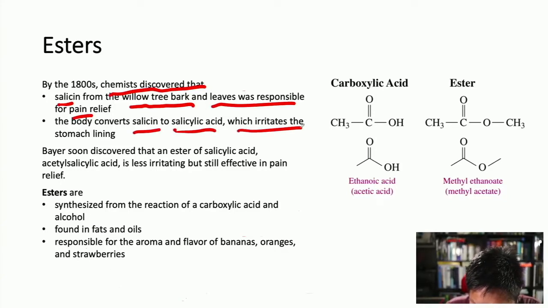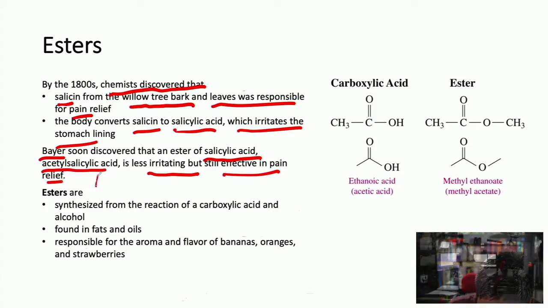That actually irritates the stomach lining, but salicylic acid can be changed into acetylsalicylic acid, right? Bayer found that out, which is less irritating, but it also is effective pain relief. And by the way, if you didn't know, acetylsalicylic acid is actually aspirin. All right? It's actually aspirin.